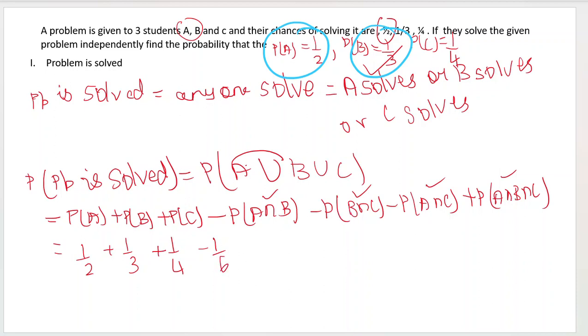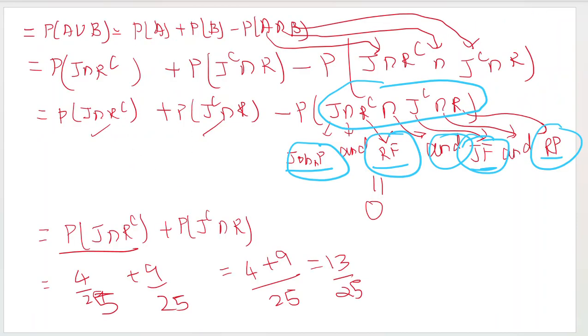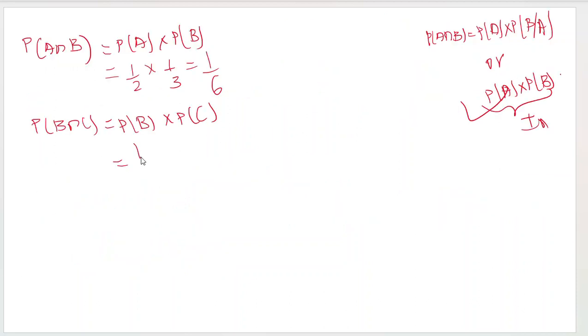Similarly, we find P of B intersection C. So P of B intersection C will become P of B multiplied by P of C. P of B is 1 by 3 and P of C is 1 by 4. So it is 1 by 3 into 1 by 4, which is 1 by 12.